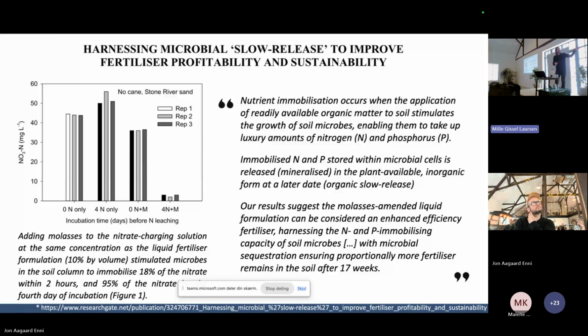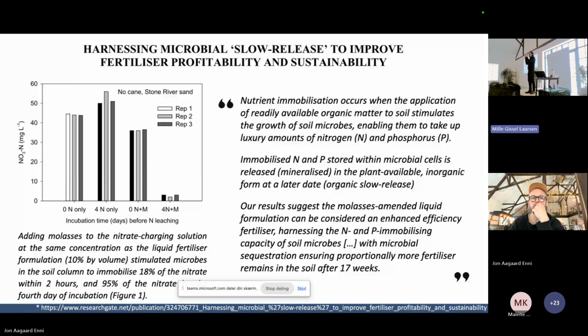So our results here suggest that the molasses amended liquid formulation can be considered an enhanced efficiency fertilizer, harnessing the nitrogen and phosphorus immobilizing capacity of those soil microbes, with microbial sequestration ensuring that proportionally more fertilizer remained in that soil for up to 17 weeks.